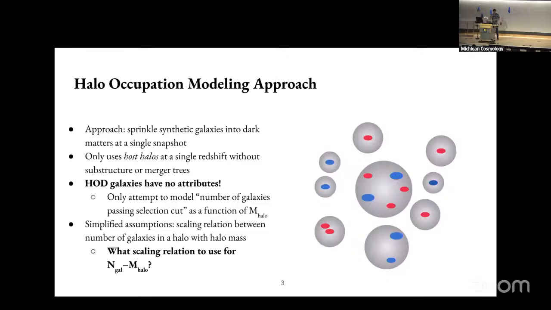It just refers to the fact that you're taking a host halo and sprinkling in galaxies such that they occupy that host halo according to some scaling relation. The most widely used halo occupation model for purposes of cosmological inference is the HOD, which stands for halo occupation distribution.